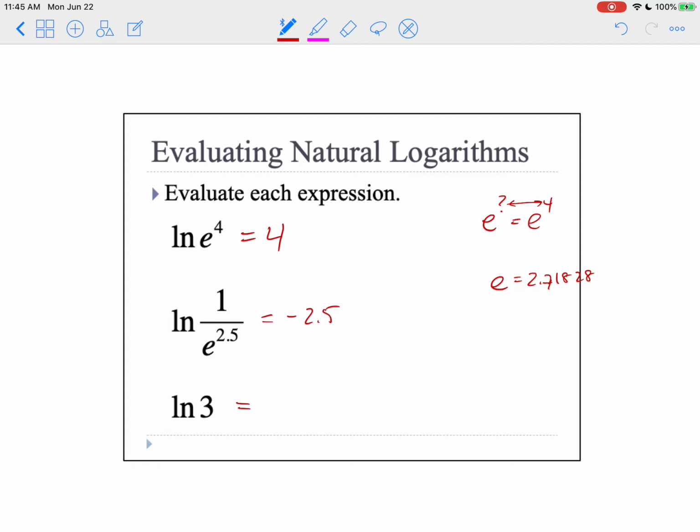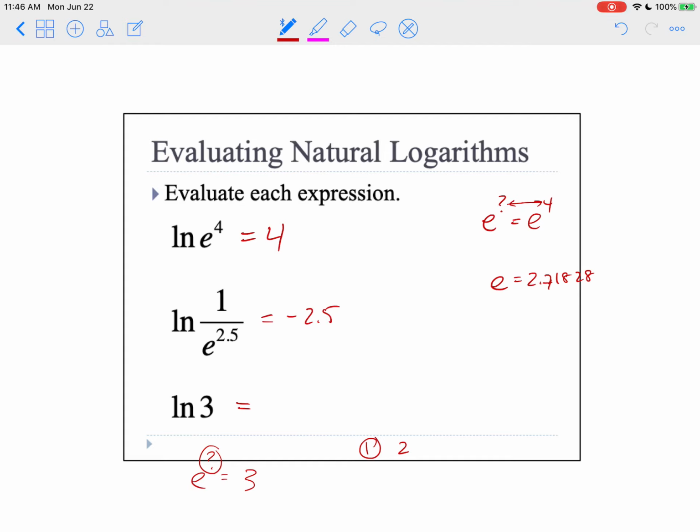E squared, let's see, e squared is probably less than 9, because 3 squared would be 9, but it's 7.389, so it's a little bit bigger than 7. So raising e to an exponent and getting 3, that exponent definitely has to be between 1 and 2, and I'm thinking probably closer to 1, so 1 point something.